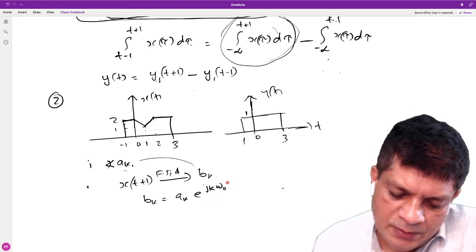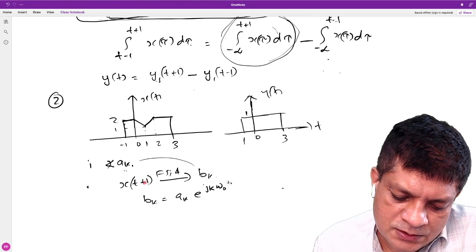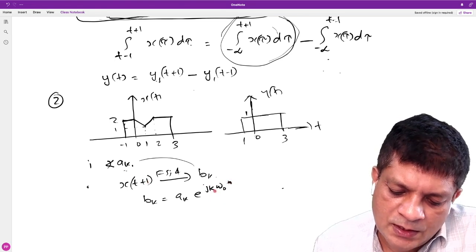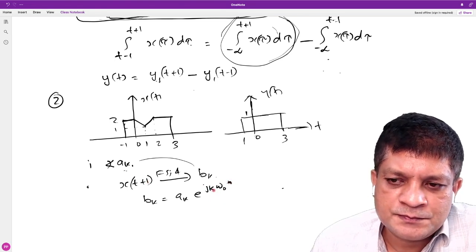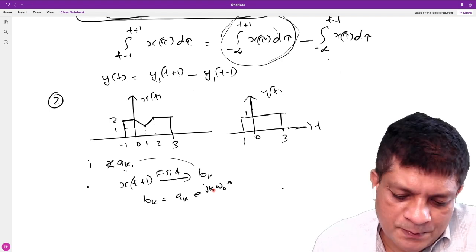It is k omega naught times T naught actually, and T naught is 1 here. So it is k omega naught. That is the time shifting property.